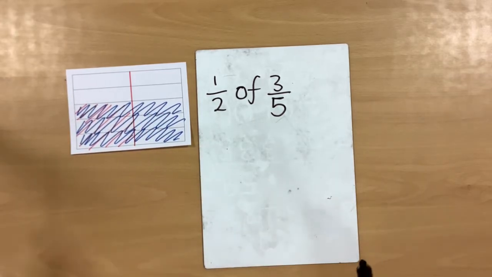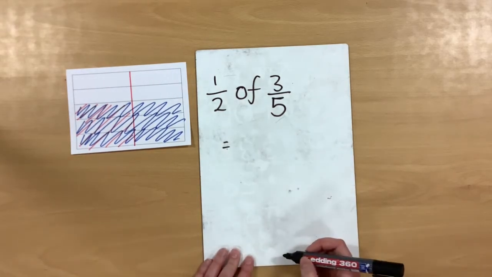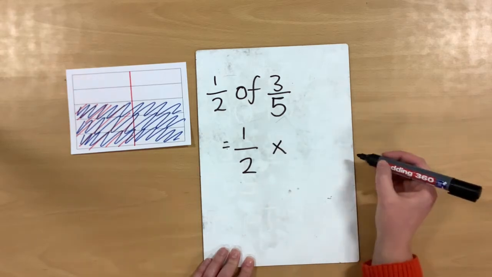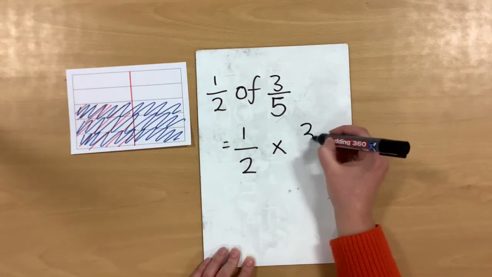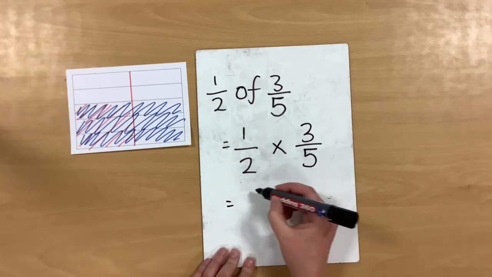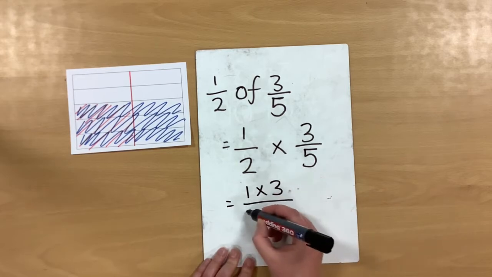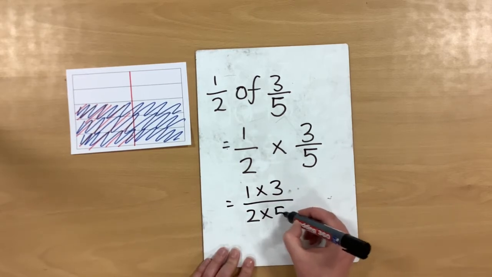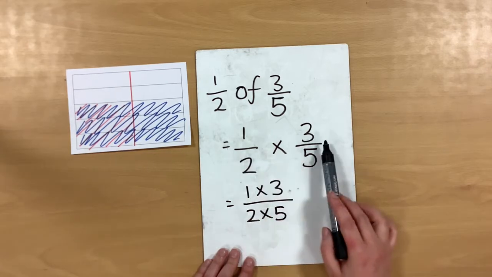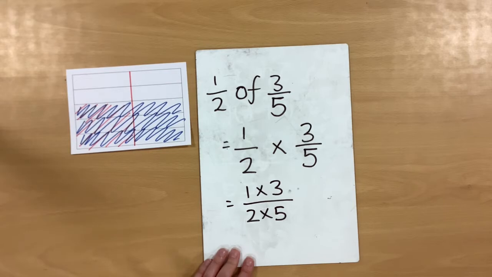We can do that with multiplication. So I would be doing a half multiplied by 3/5, which I can then set out like this. When we multiply fractions, I just multiply across with the numerators and multiply the bottom across with the denominators.